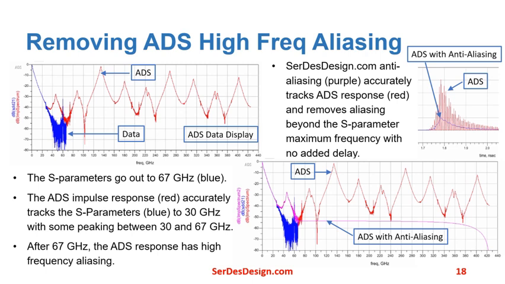After 67 gigahertz, the ADS channel impulse response has high frequency aliasing. SerDesDesign.com anti-aliasing, the purple curve in the lower right graph, accurately tracks the ADS response and removes aliasing beyond the S parameter maximum frequency of 67 gigahertz. This is done with no added delay as shown in the upper right graph.